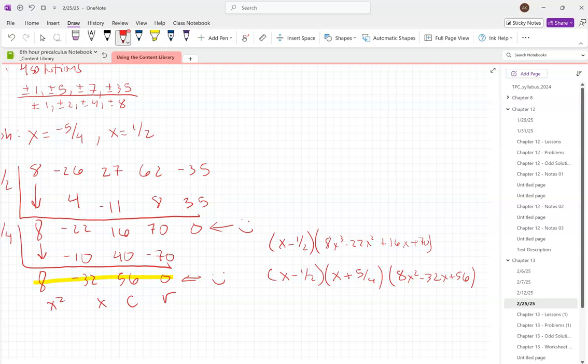And I noticed that, hey, now I do have a quadratic here. That's lovely. So I will be able to solve that. But if I look at this quadratic a little bit closely, I notice that the coefficients all have a greatest common factor of 8. So let's pull that greatest common factor of 8 out.